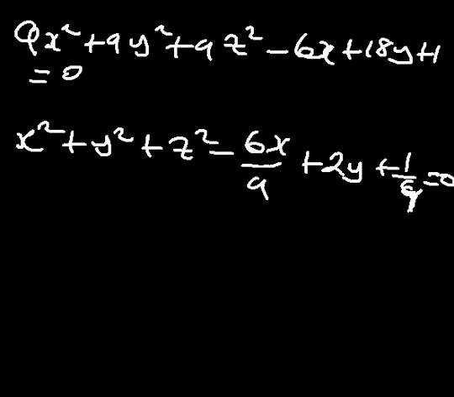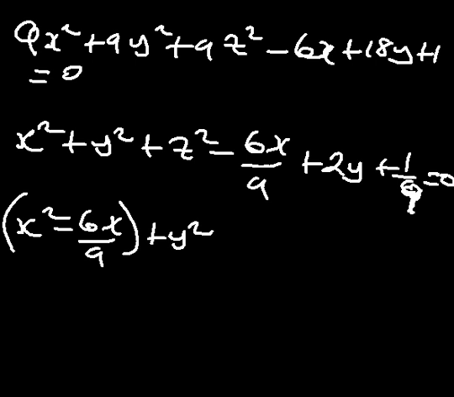Everything has to be divided by 9, of which 0 over 9 is the same as 0. Now we have x squared minus 6x over 9, and I'll have plus y squared plus 2y.